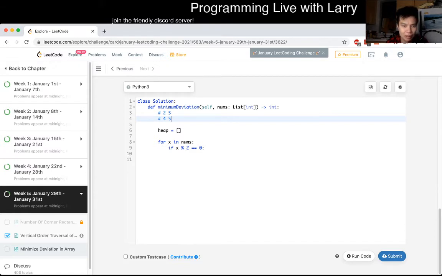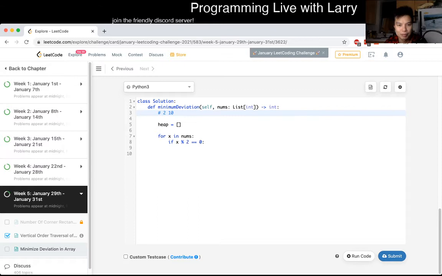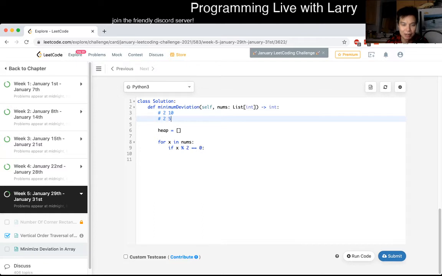Wow, there's a lot of weird cases that I cannot prove, to be honest. So this is going to be a little bit of a tricky one. But yeah, because in here, even if we change it to a 10, that's not going to be good enough because this is too small and this is too big, but the best answer is actually 4 or 5, right?